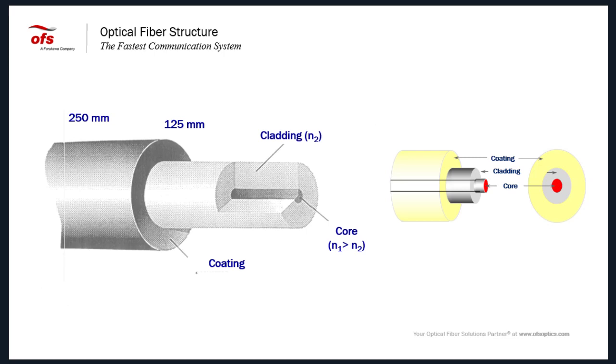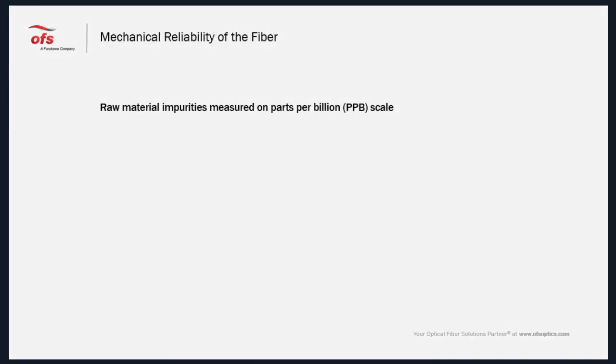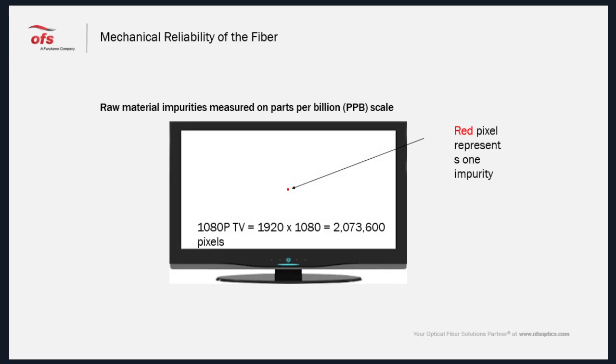And fiber is not only about glass, fiber is also about mechanical reliability. The raw material impurities are measured in parts per billion. This is the scale for measuring raw material impurities. You can see here this red pixel represents one impurity.